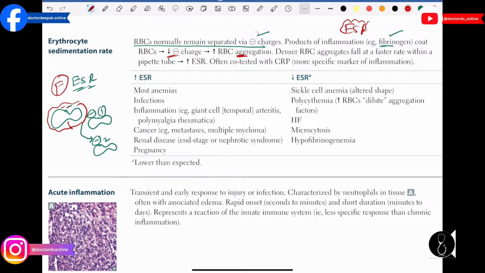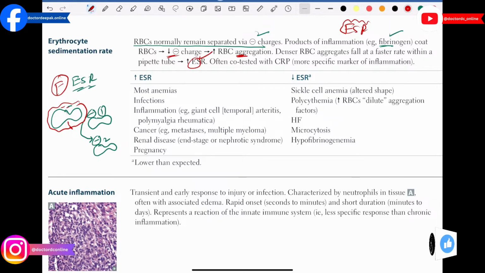They can ask you this in the exam: what is the mechanism why the ESR is increased? Simple, you have to remember this. During inflammation, fibrinogen is produced. That fibrinogen will go and coat the RBCs. When the RBCs are coated, their negative charge is decreased. When the RBC's negative charge is decreased, the RBCs stick with each other. That will lead to RBC aggregation, and that RBC aggregation will lead to increased ESR. So this is the important concept.